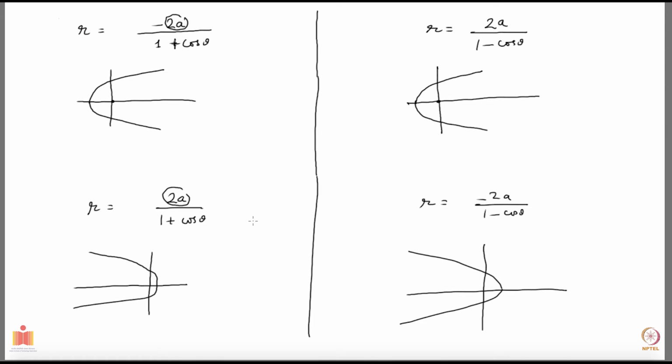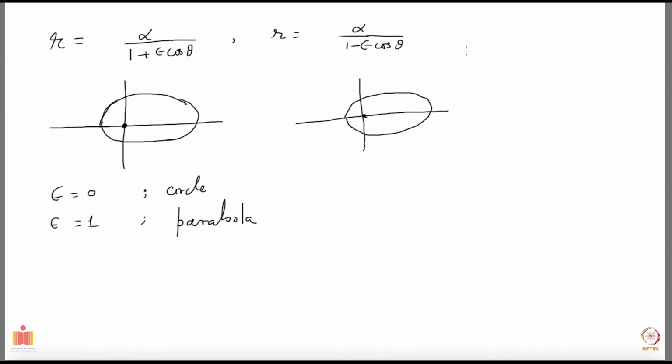You see here, this is 1 plus cos theta or 1 minus cos theta and something in the numerator. Epsilon equal to 1 will give you a parabola, epsilon between 0 and 1 will give you an ellipse, and if you put epsilon greater than 1, you'll get a hyperbola, which you can check.